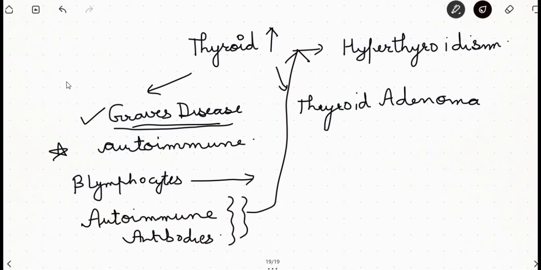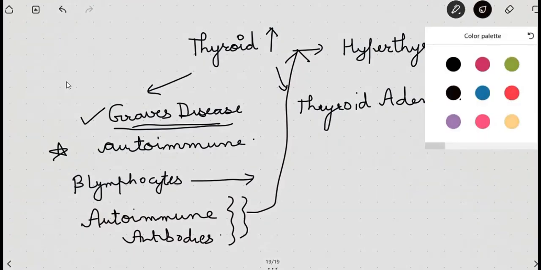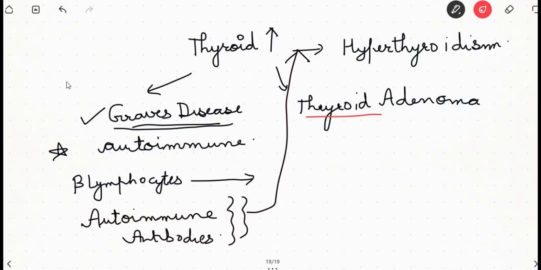The other cause is thyroid adenoma. Sometimes a local tumor develops in the thyroid tissue. It is known as thyroid adenoma, and it secretes large amounts of thyroid hormones.